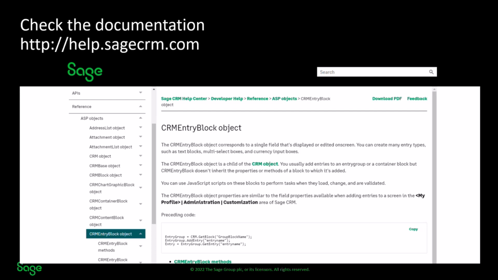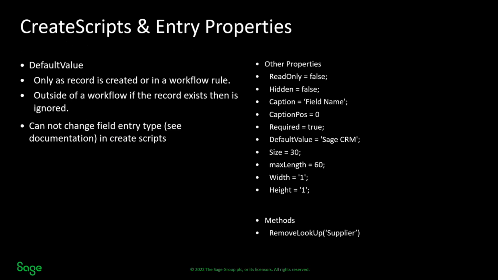Let's take this a little bit further. We can check the documentation, we can see all the properties for an individual field. I'm going to remind you that there is this idea of the scope of reference and the scope of effect. The scope of reference allows you to look at what is in context. For a create script, what is in context is general information about the user, so the current user object, general information about the system, and then specific information about its own field.